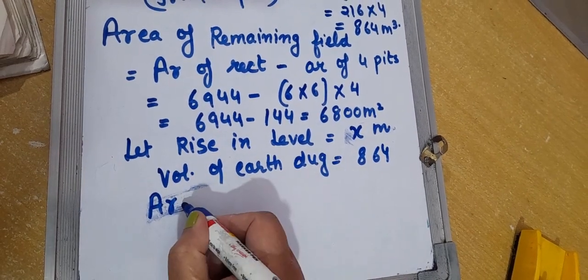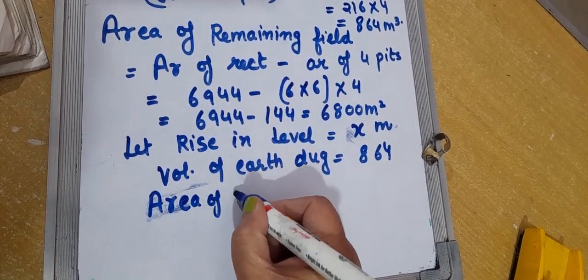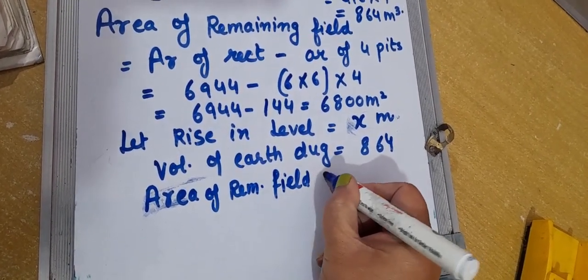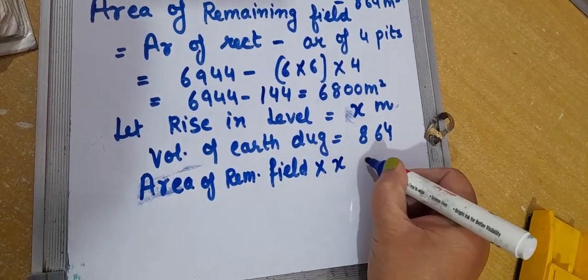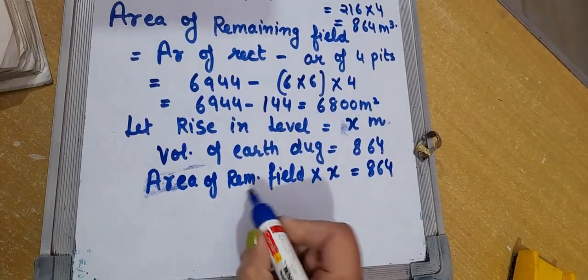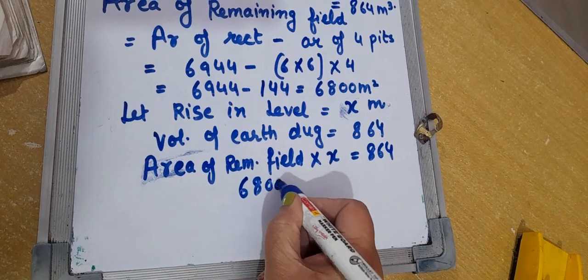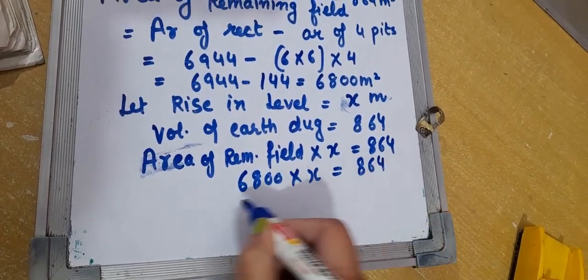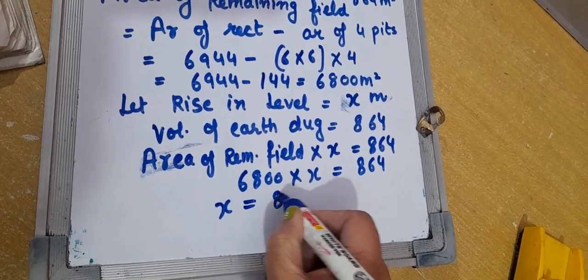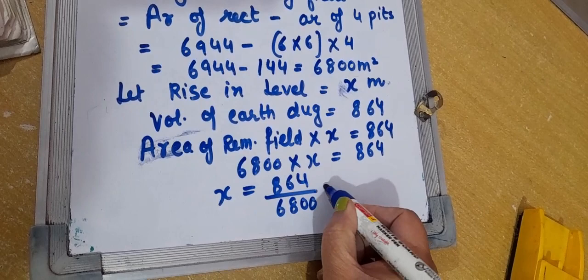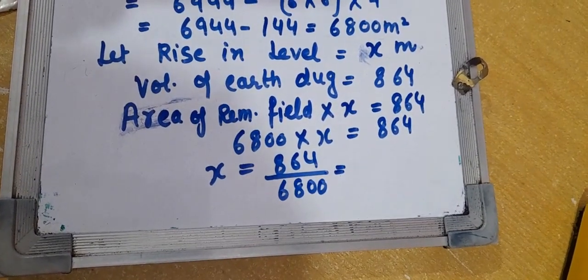So for volume of earth dug, area of remaining field into rise in level, that is X, equals to 864. Area of remaining field was 6800 into X is equals to 864. From here we will calculate the value of X, 864 upon 6800. So make calculation.